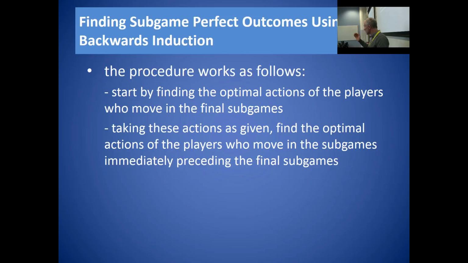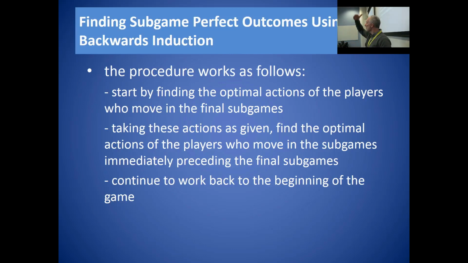And then we do exactly the same. In that preceding round of subgames, we look to identify the optimal strategies of the players in those subgames in the penultimate round. And again, we identify those optimal strategies and we take them as given. And then we go to the preceding round of subgames.